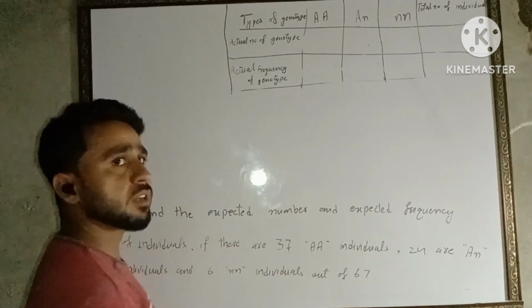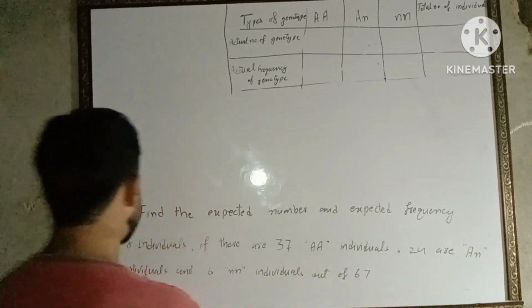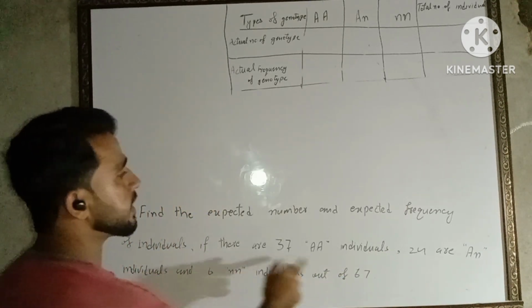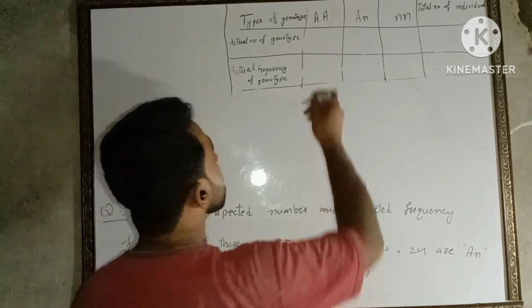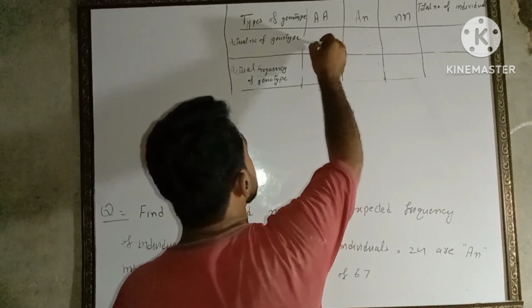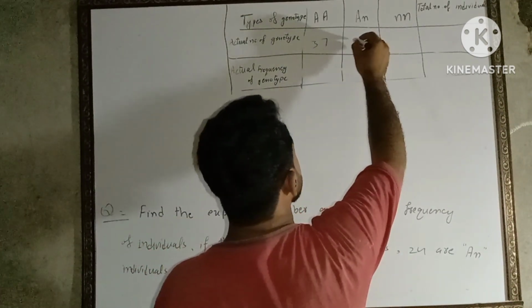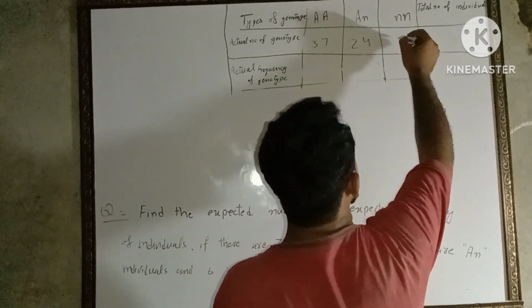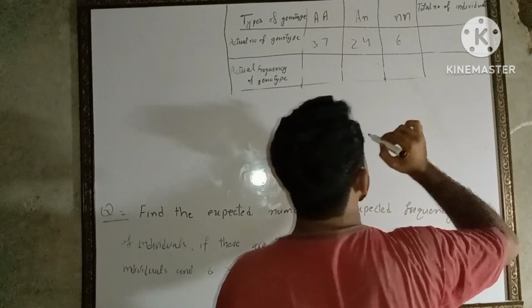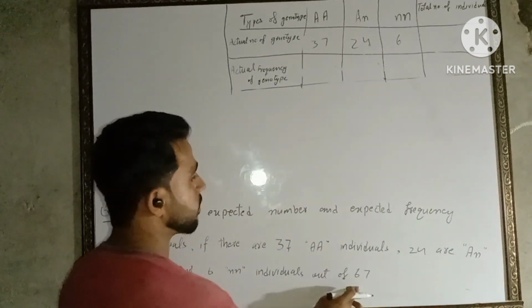The actual numbers of genotypes are given in the question: 37, 24, and 6. The actual number of the first genotype is 37, the second is 24, and the third is 6, and the total number of individuals is 67.